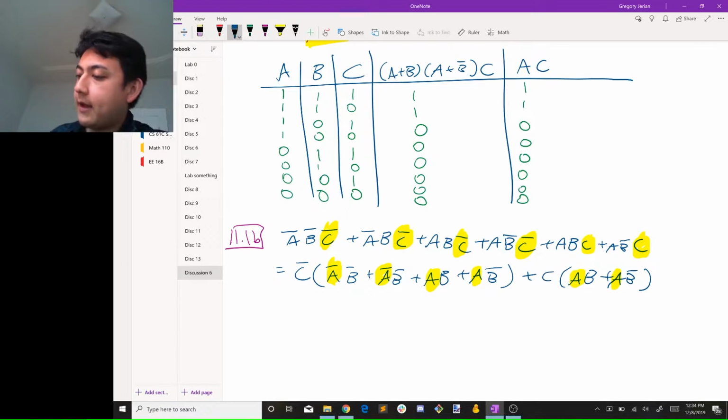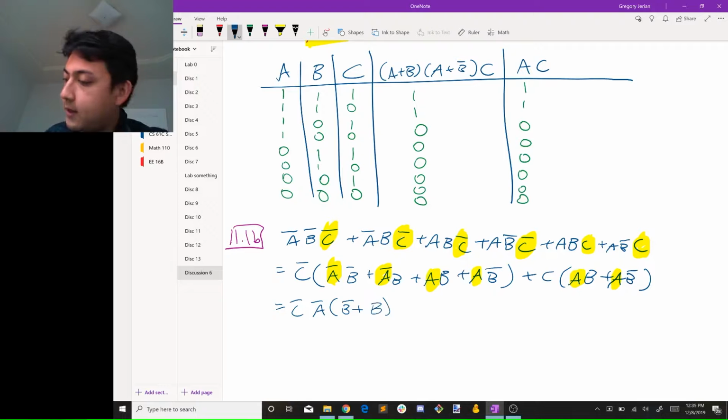What we have here is not C, not A, and not B or B. Sorry, this is a typo, this should have been not A, B, because it's from there. So not B or B, and then there's or not C, and we'll take out the A instead of the not A this time, so we get B or not B, and then here we'll get C, A, B or not B.